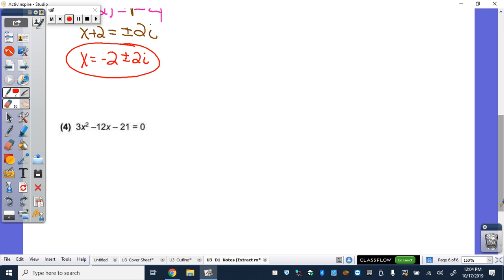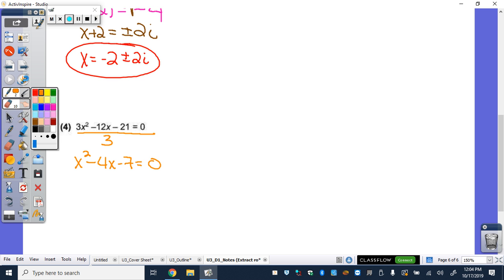So in our last one there, number 4, we cannot do completing the square with that being a 3x squared. Completing the square only works if it's a 1x squared. So what can we do to accomplish this? Greatest common factor, or divide everything by 3. So it gives us x squared minus 4x minus 7 equals 0. Now we can do our completing the square. So I move my 7 over, put my little box there.